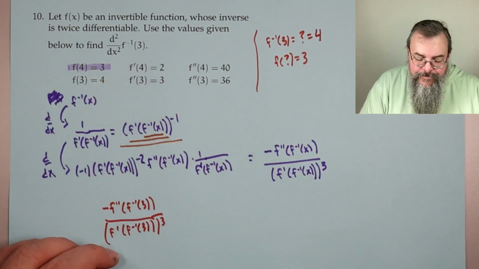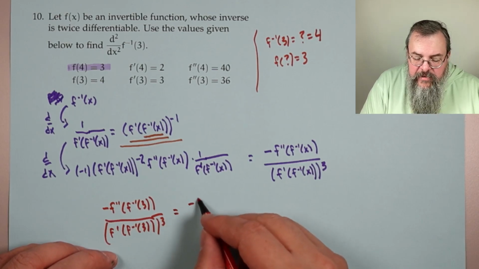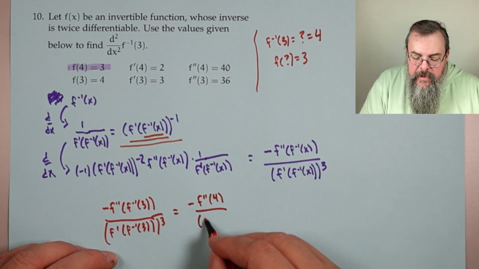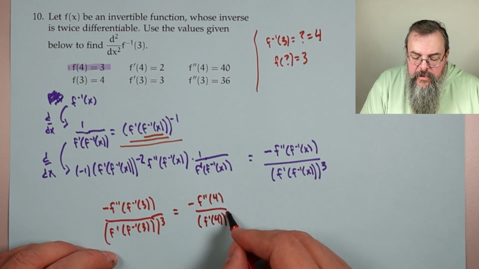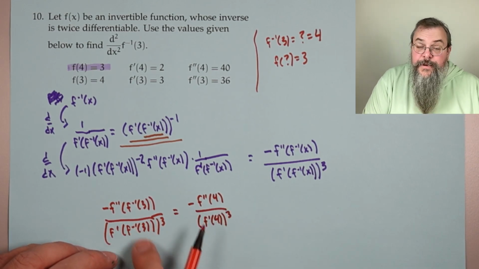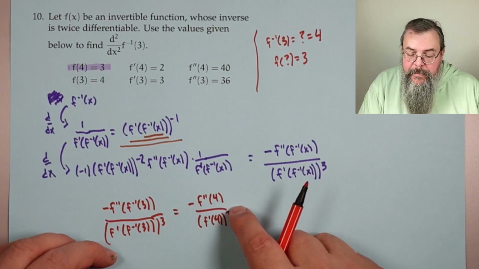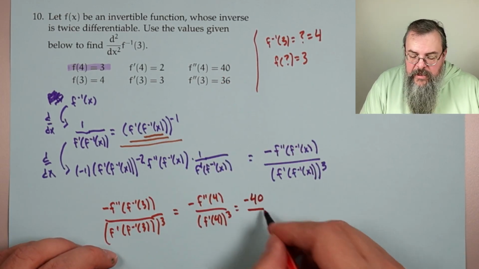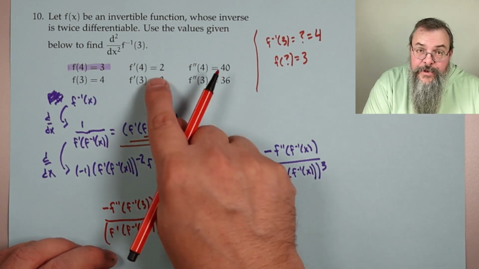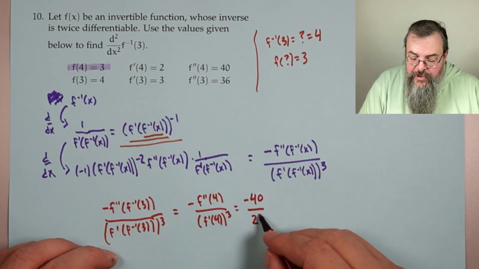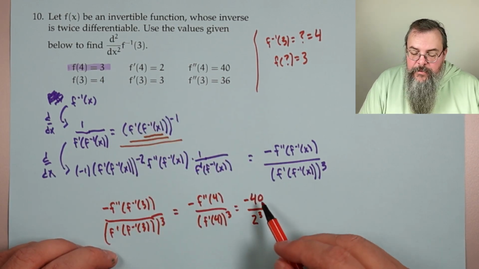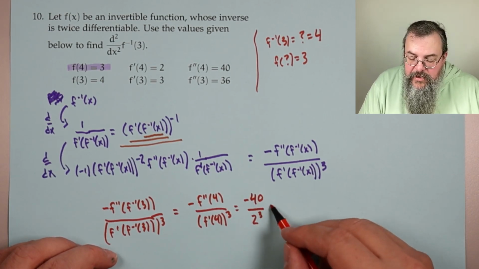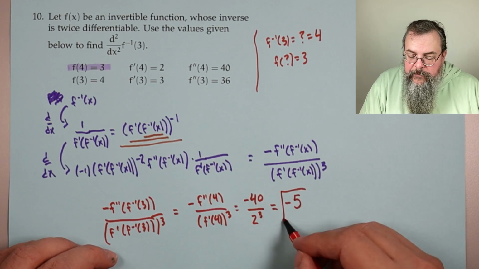Okay? So minus f double prime of 4 divided by f prime of 4 cubed. Now, f double prime of 4, 40. So minus 40. F prime of 4, 2. 2 cubed. All right, well, 40 divided by 8 is negative 5.